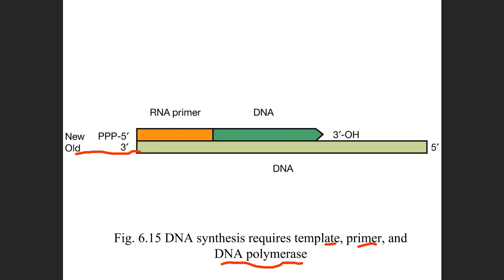It will not grow at the 5' end. Okay. And why do you need an RNA polymerase? Well, because the DNA polymerase will only add to a 3' hydroxyl group, which means if the RNA is here, the DNA polymerase can still carry out that reaction.